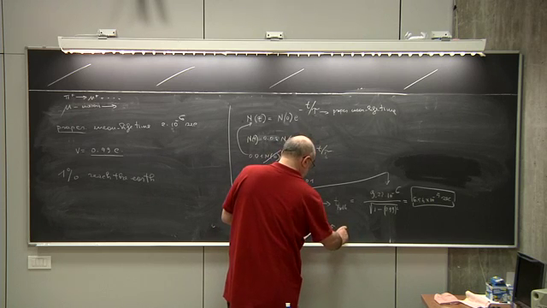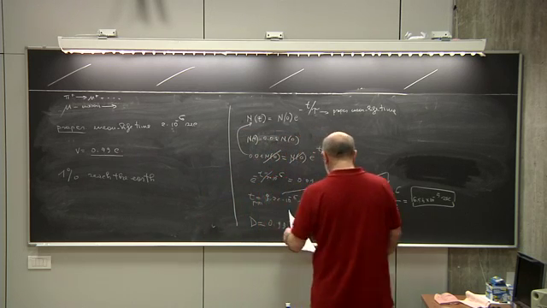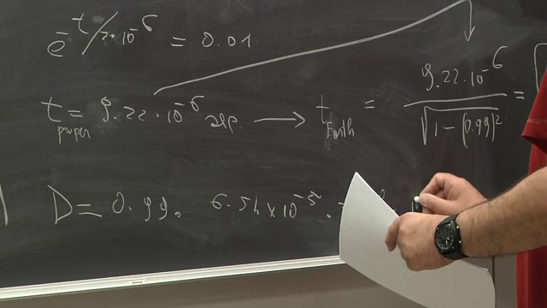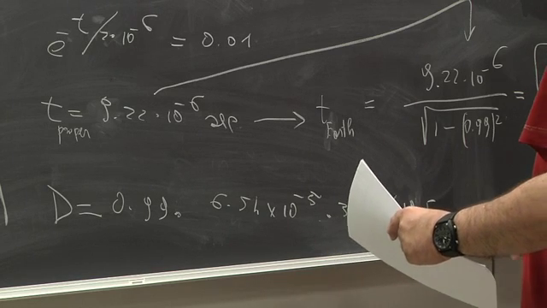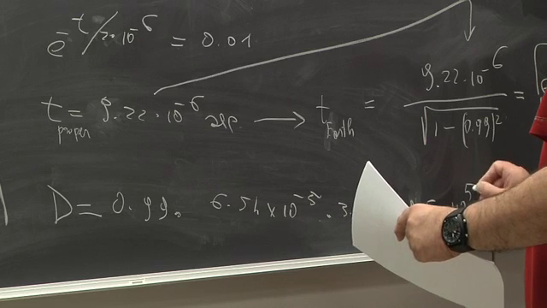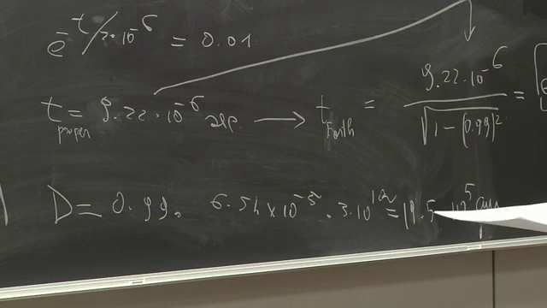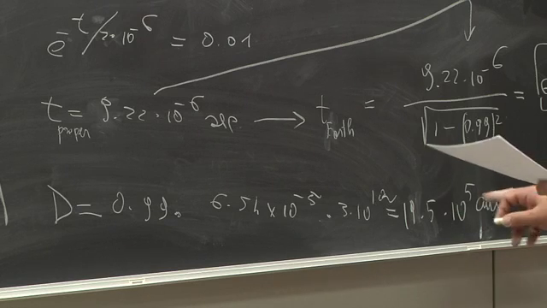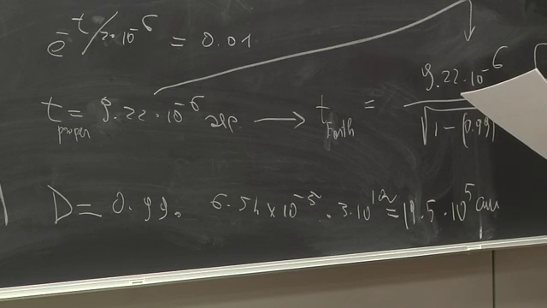I will not correct it. Then you get something like 19.5 times 10 to the 5 centimeters, and this is in the frame of the Earth. I got a different number here because I did not multiply. Most probably I multiplied, but I forgot to insert it.